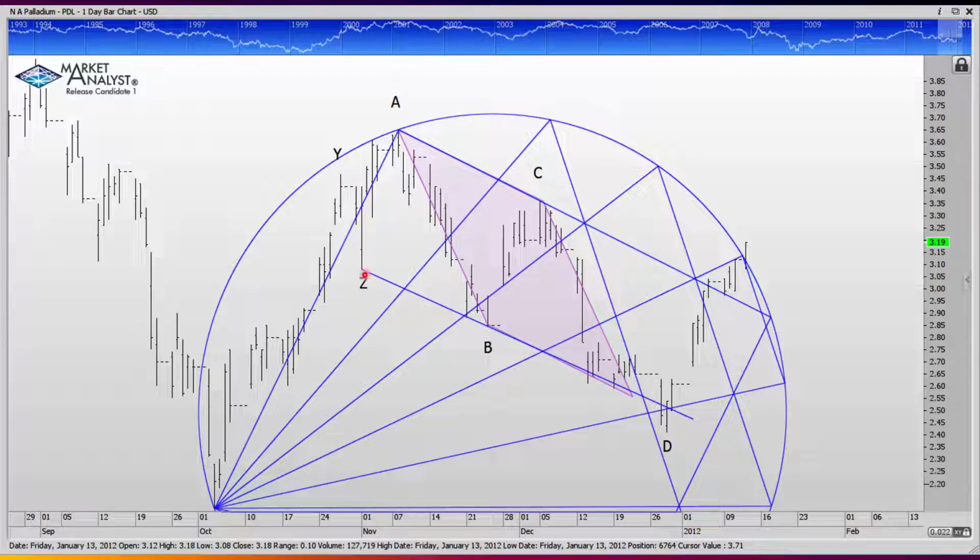And you draw a line from Z to B, and we extend that. In the Gartley trading method, I talked about the Wolf wave, and this is just a refined version of the Wolf wave that gives us additional proof that there should be a reversal at the D point.